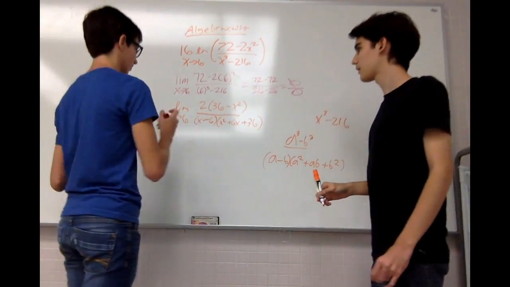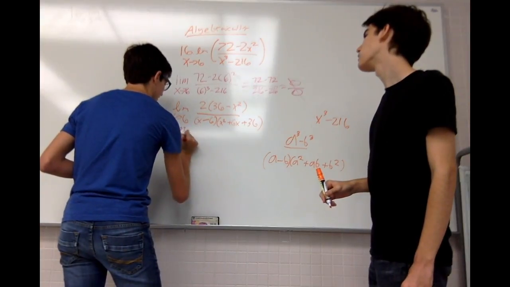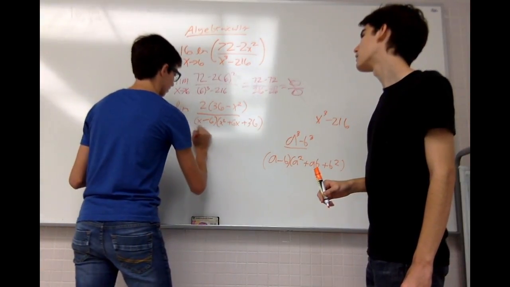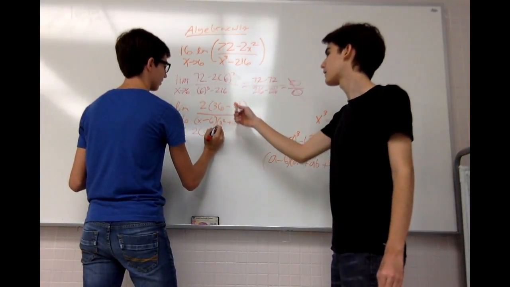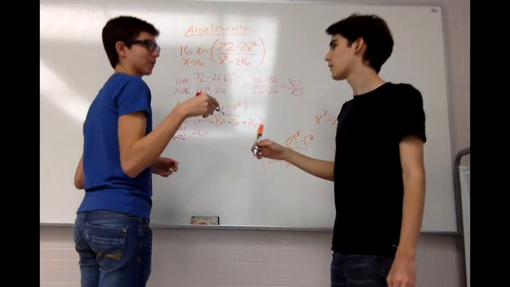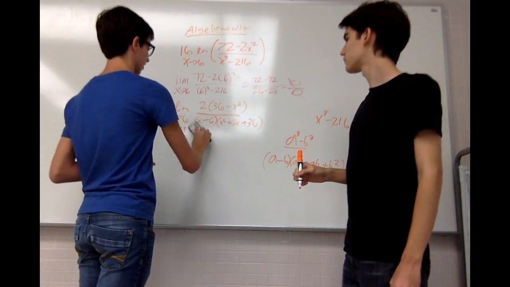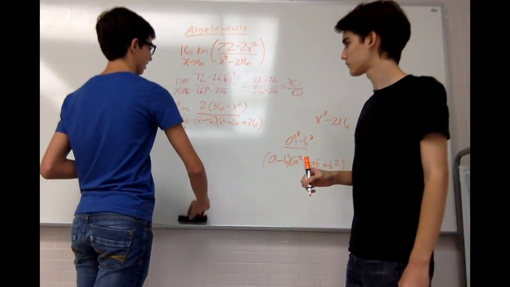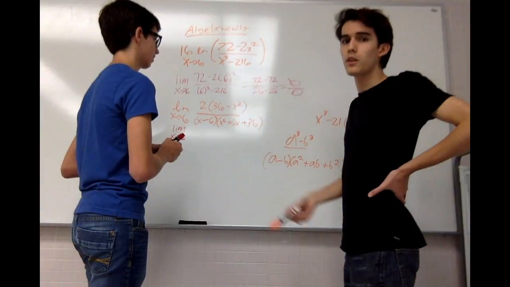Okay, so here we're going to take out the negative sign of the 36 minus x squared.